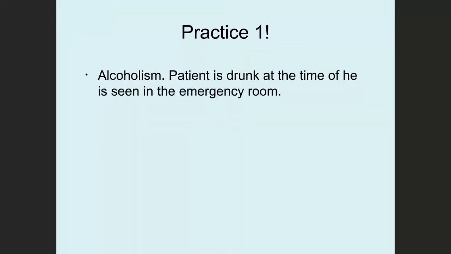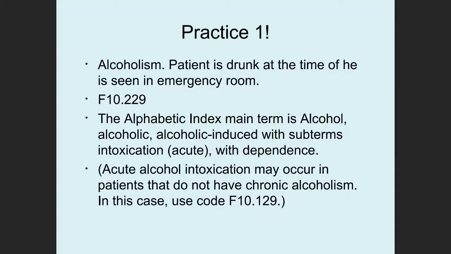Okay, so let's do a practice. If you'd like to do this on your own, pause the video, try to code it, and come back and see what we're talking about here. So alcoholism, patient is drunk at the time he is seen in the emergency room. So I would do F10.229, although I can see an argument for other codes, but because it's in the emergency room, we don't know if there's a complication or delirium, so we're just going to use unspecified, okay?